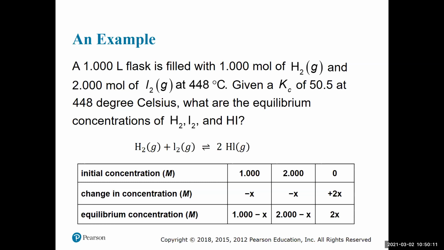So I needed to check to see if I needed to do any mole math. In other words, take the moles and divide by the volume. In this case, I didn't because it was an easier problem, because the volume was 1 liter. But I needed to get all that straight so that I could have this initial row filled in.